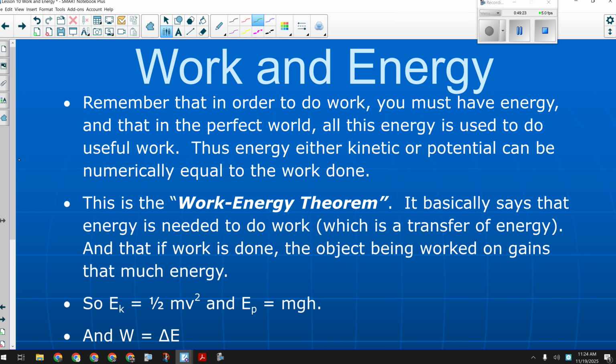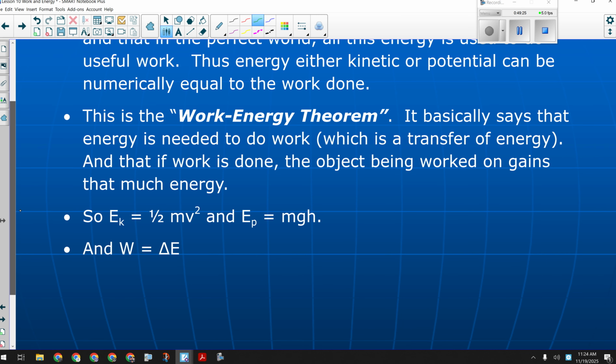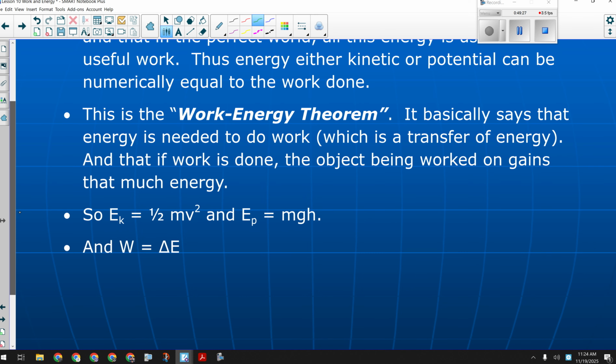Reminders of a couple of things, formulas that we learned last year: kinetic energy and potential energy. Their sum total is mechanical energy. That's not on here, so we'll put that on there as well.